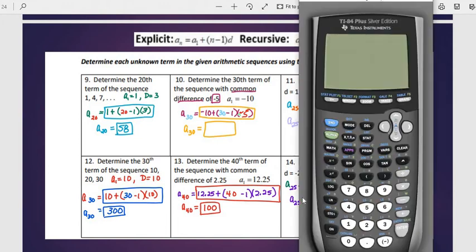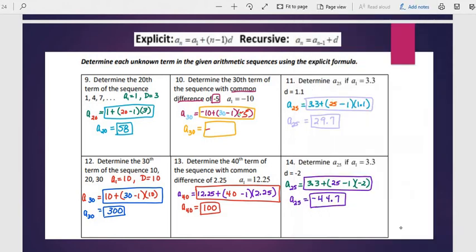So I'm going to put in a negative 10 plus parentheses 30 minus 1 parentheses, and my common difference is a negative 5. Put it in and I see that my answer is a negative 155. So I had it right.